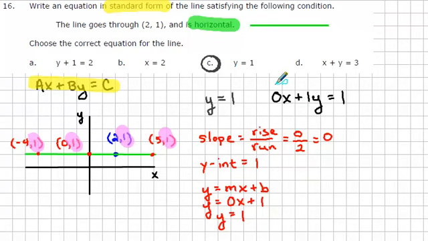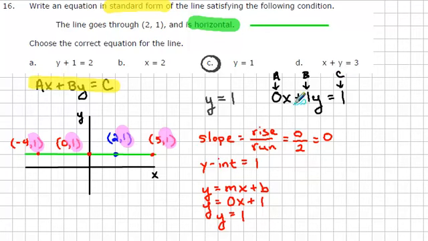Now we can see that our a value is 0, our b value is 1, and our c value is also 1.